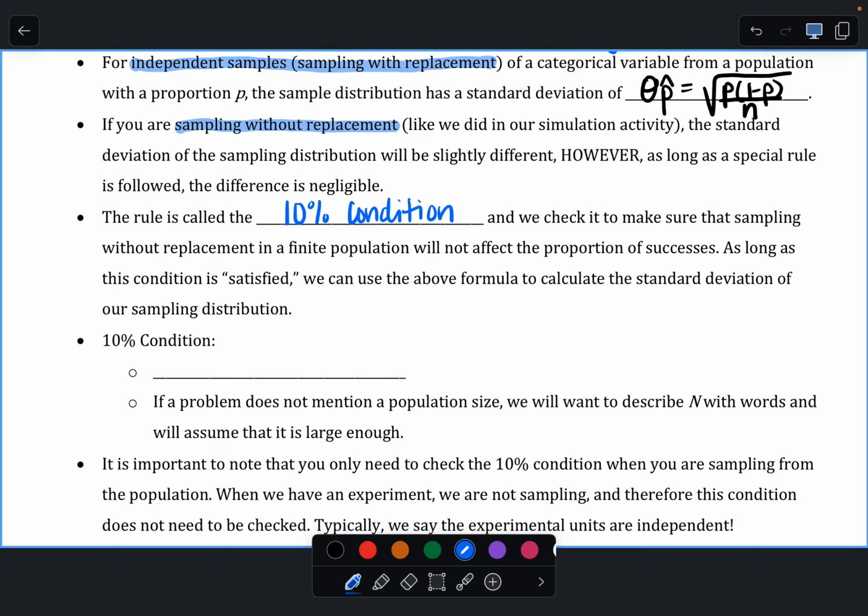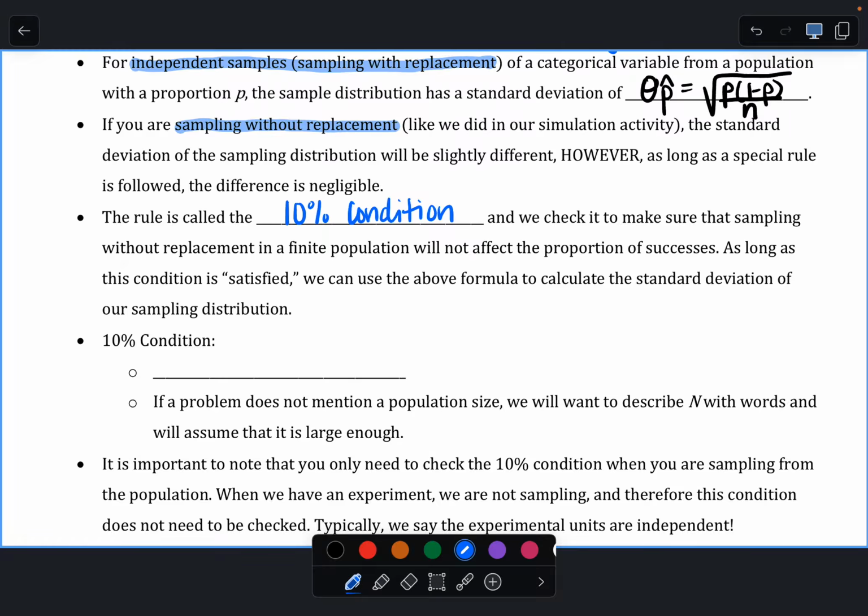So what they say, and this is someone long ago decided that this was the threshold we were going to use, as long as you are not sampling more than 10% of the population, we're going to assume that the proportion is going to stay consistent. Think about it like if I am asking RHS students how long is your drive to school, and I take them out of the sample, that doesn't really change the average a lot because my population is so much larger.